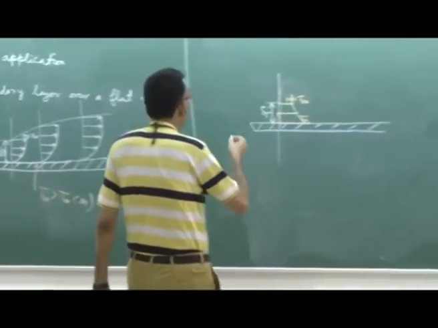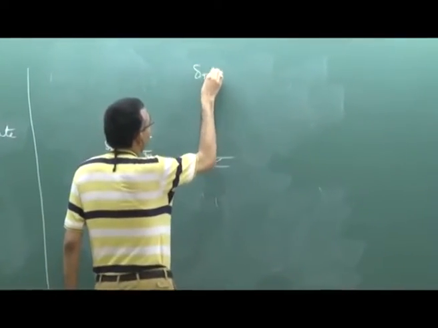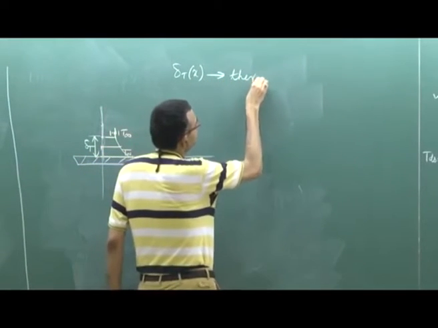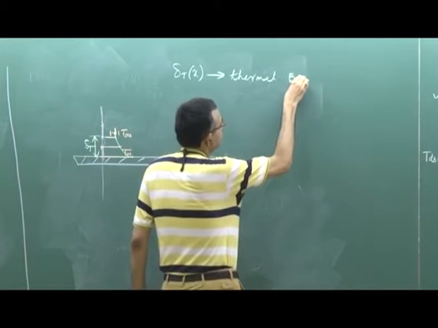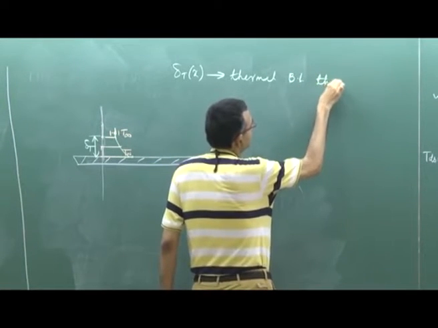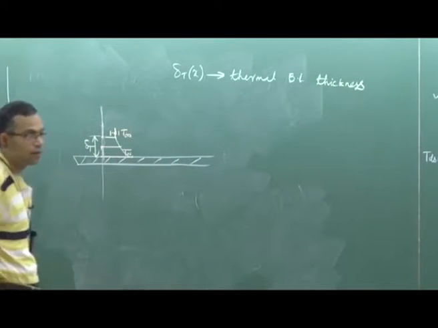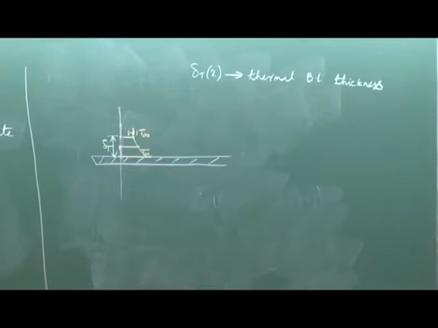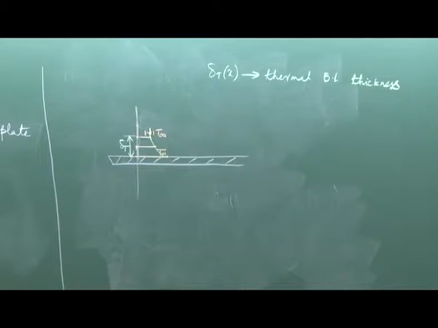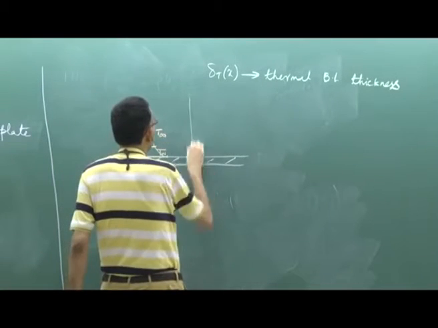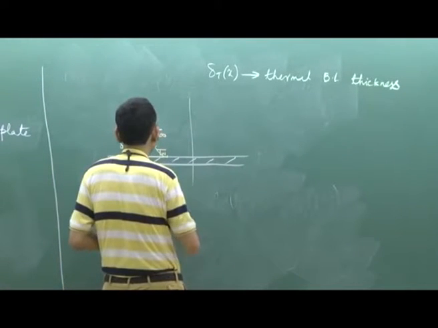So, delta T, which is a function of x, is thermal boundary layer thickness. So, this thermal boundary layer as usual grows.